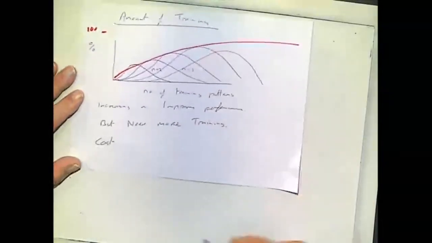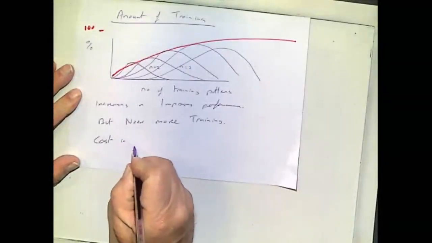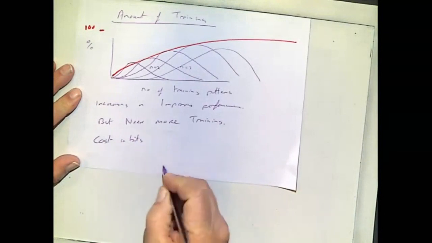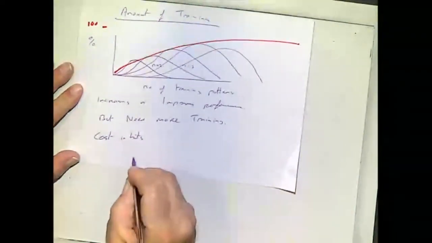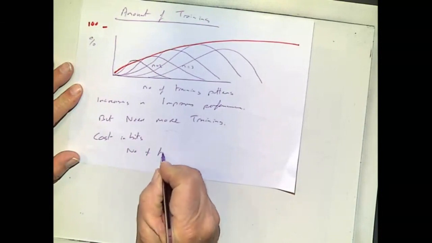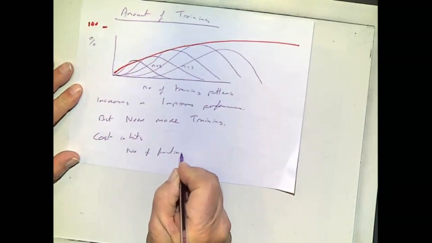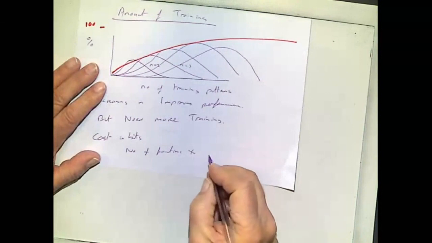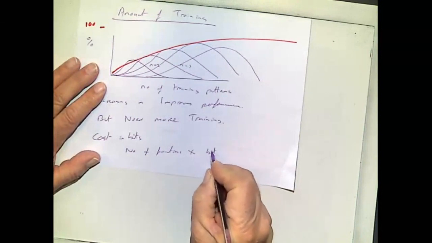So the cost factor we can generate from this, the cost in bits, is going to be the number of functions times the number of bits per function.